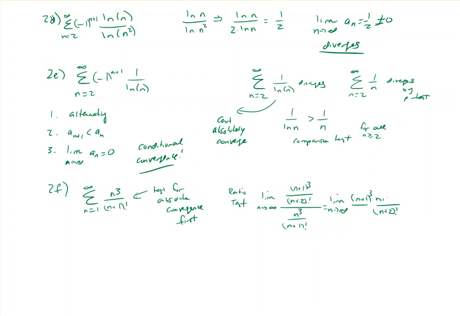I'm going to put the n plus 1 factorial here. I'm going to put the n cubed here. Why? Because this makes it nice and clean for me. I see that this is going to basically simplify to 1 times 1 over n plus 2, which is 0. And if rho is 0 and is less than 1, we have convergence.